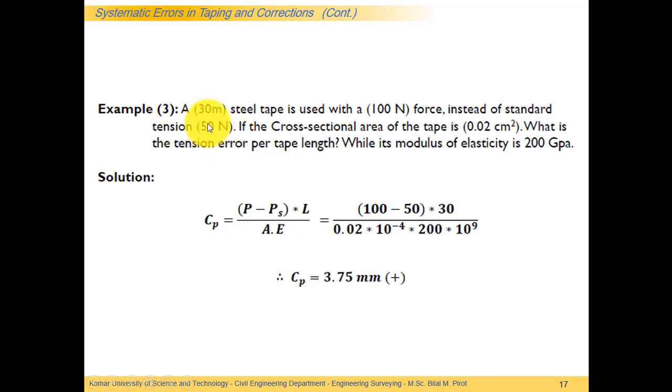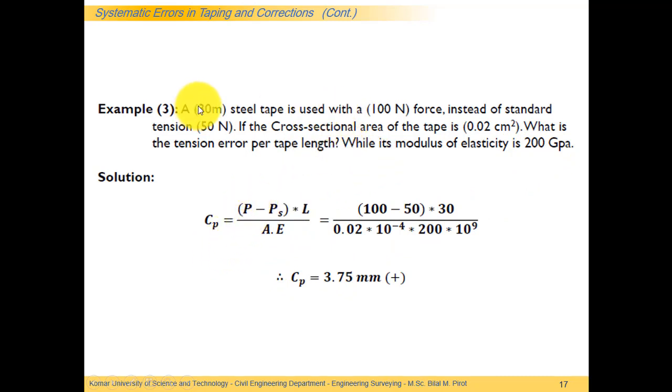So this is the standard tension, the standard force. So in the formula, we have P and Ps. If the cross-sectional area of the tape is 0.02 centimeters squared, what is the tension error per tape length, while its modulus of elasticity is 200 gigapascals? So all the numbers are given.